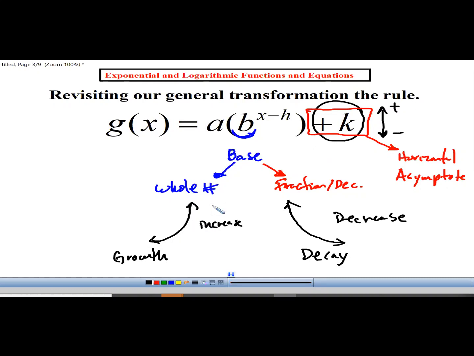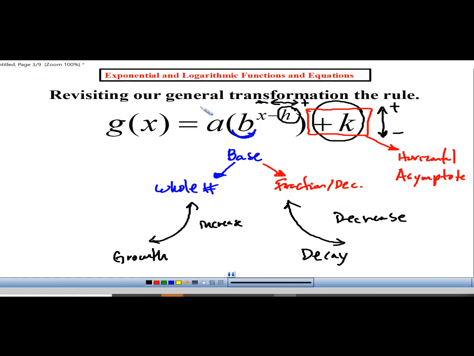All right, with that same mind frame, once again, we have h here. What does h do that's next to the exponent of x? Well, it moves it to the right if it's positive, or to the left if it's negative. So if we substitute a negative number into the exponent, since the form already has a negative, a negative times a negative becomes a positive right there.